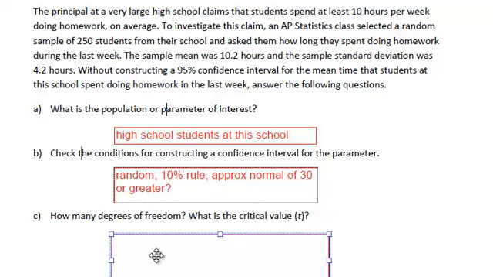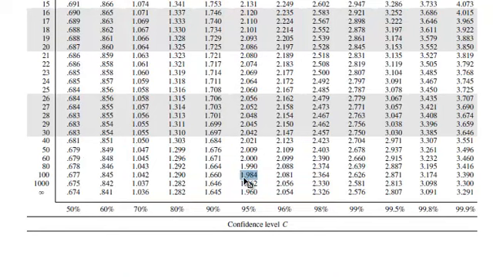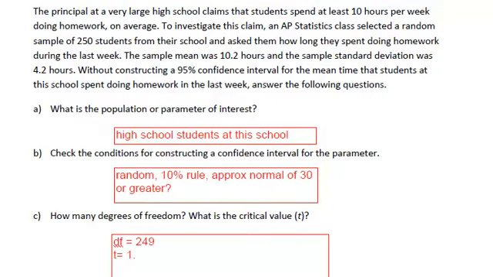How many degrees of freedom? 249. What was the t value that we noticed from the other table? It was 1.984. Okay, so the next thing we're going to be doing is actually finding the confidence interval.